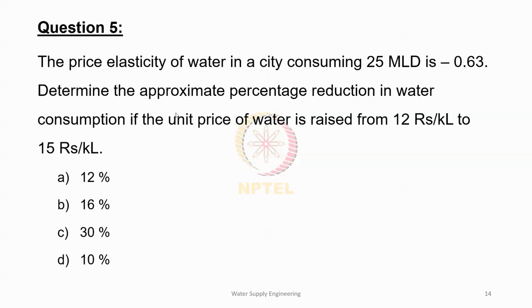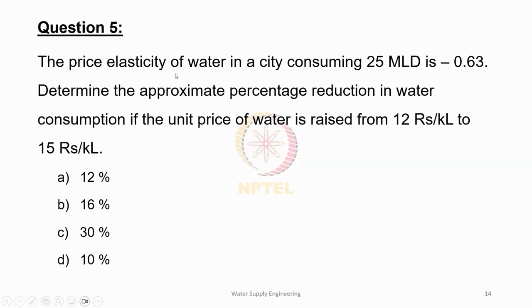Question number 5. The price elasticity of water in a city consuming 25 million liter per day is minus 0.63. Determine the approximate percentage reduction in water consumption if the unit price of water is raised from 12 rupees per kiloliter to 15 rupees per kiloliter.